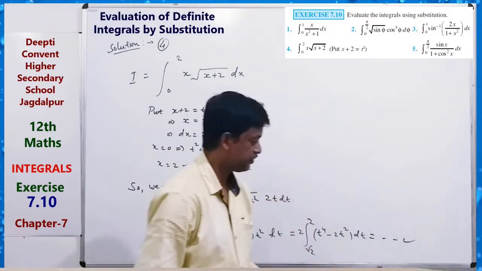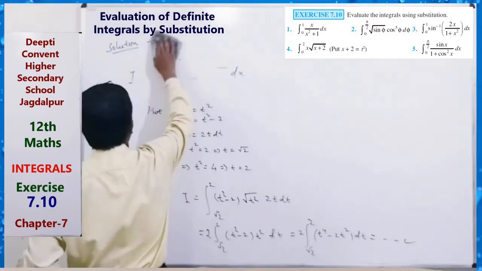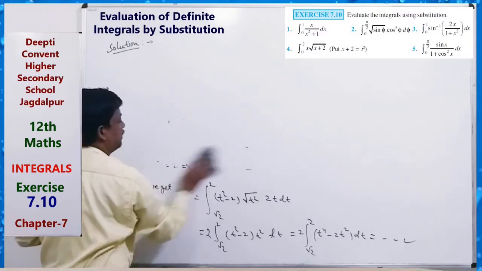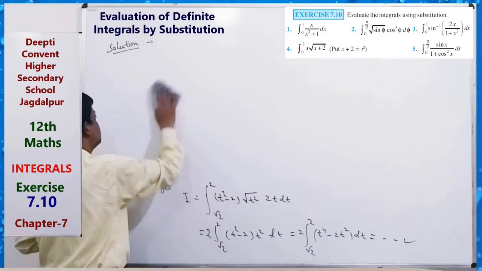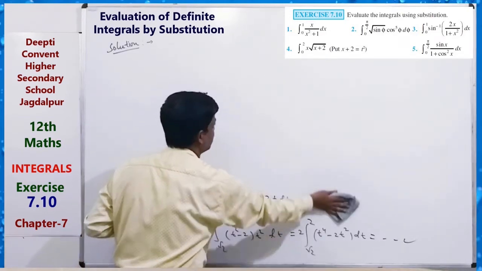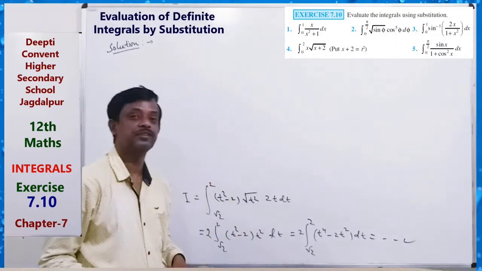Question 5: sin x by 1 plus cos square x, from 0 to pi by 2. Doing integration depends on your practice, so do more and more questions related to integration.